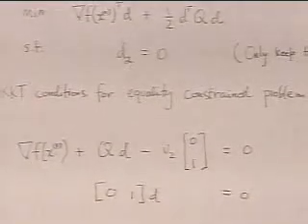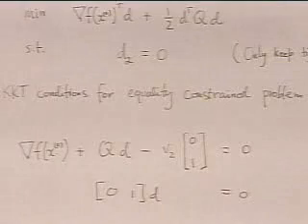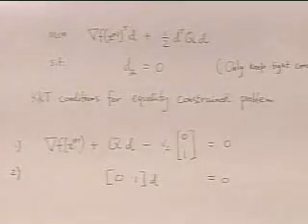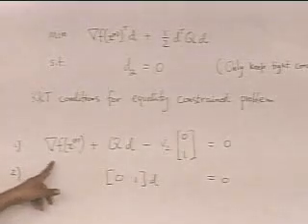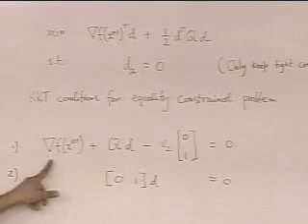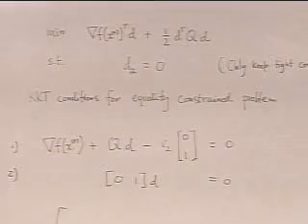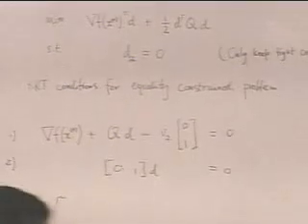So I have three variables, d1, d2, the two components of d, and this multiplier v2. Three variables and three equations, because this is a two-dimensional vector. That gives me two equations from here and a third equation from there. So put it all together, and you end up with this system of equations.